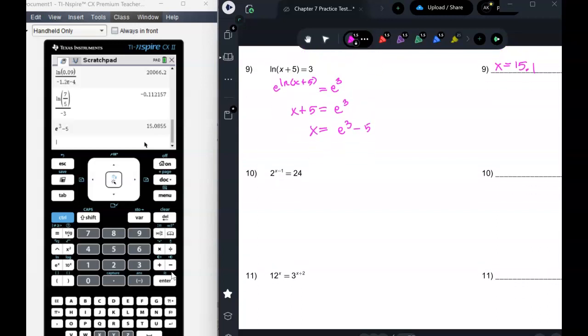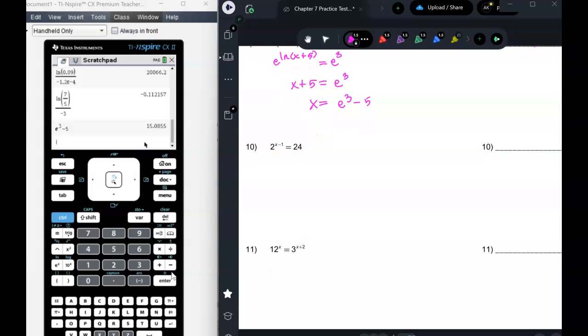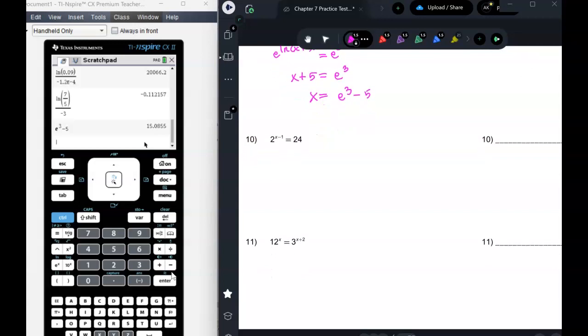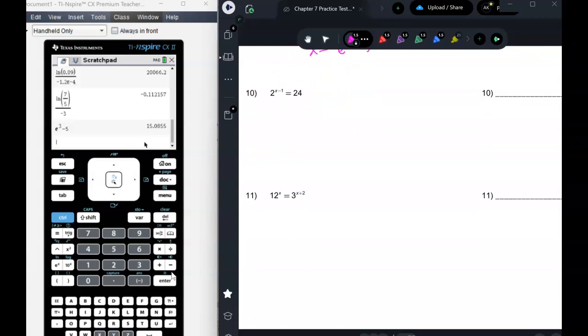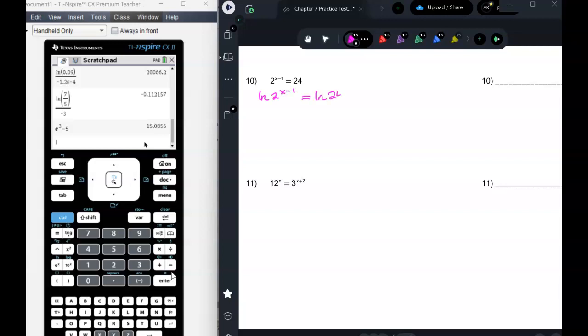Okay, now what would we do? 2 to the x minus 1 equals 24. Well, 24 we can't rewrite with a base of 2. So we take the natural log of both sides.